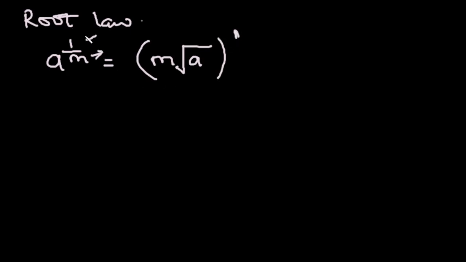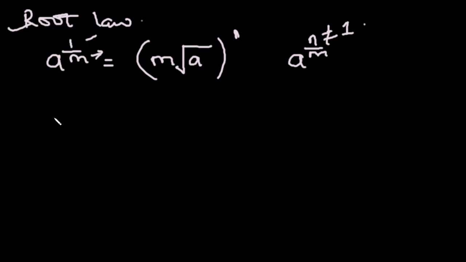In the case of roots, usually the numerator will be 1, but sometimes some textbooks will differentiate between the root law and the fraction law, that's if the numerator is not 1. Sometimes it could be a to the power of, let's say, n over m, where n is not equal to 1. I'll treat both examples, but in this case, let's focus on when our numerator is 1, which is going to be the root law.